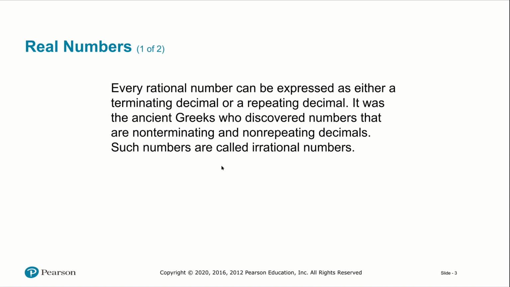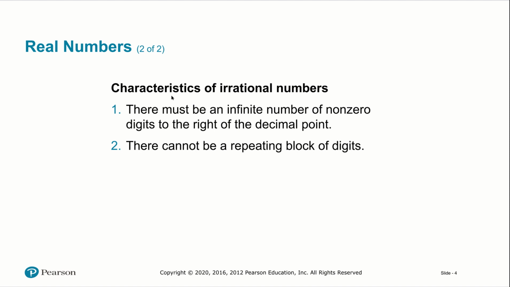Such numbers we've already discussed are referred to as irrational numbers. So some of the characteristics of irrational numbers are that there must be an infinite number of non-zero digits to the right of the decimal point, and there cannot be a repeating block of digits, because if that turns out to be, then the number would be rational, wouldn't it?